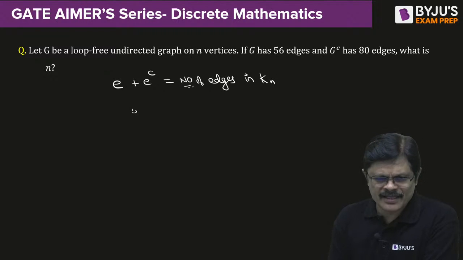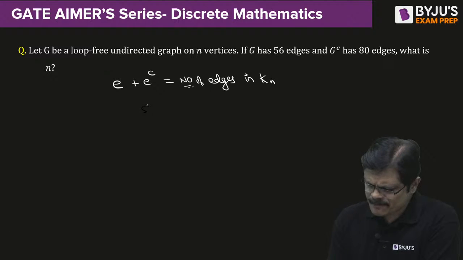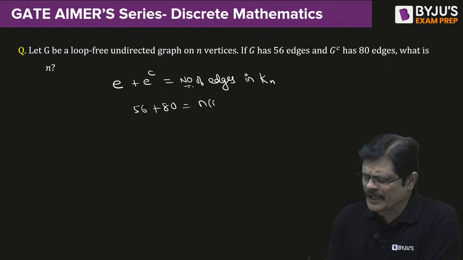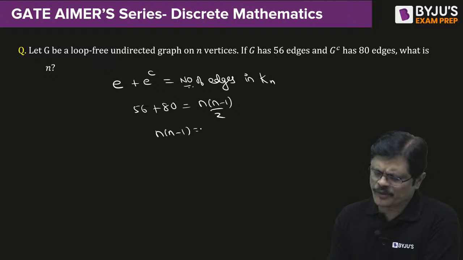So 56 plus 80 must be equal to n into n minus 1 by 2. That means n into n minus 1 must be equal to 136 into 2.